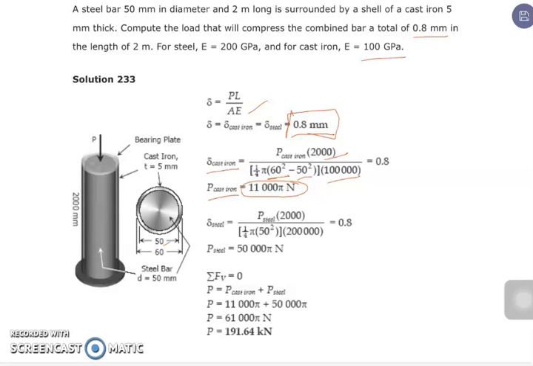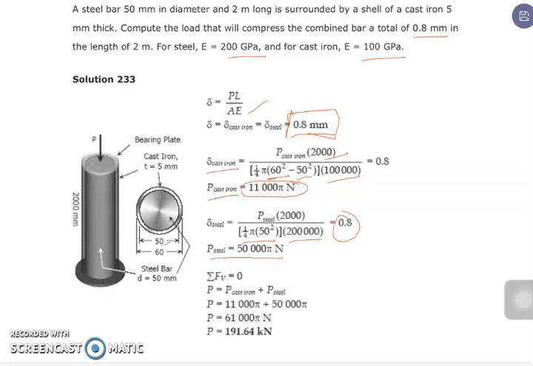So we substitute that into the equation, then multiply by the E. Our E for the steel is 200 gigapascal. The deformation of the steel is 0.8. If we cross multiply and simplify, we get the value for the force on the steel, which is 50,000 pi Newton.